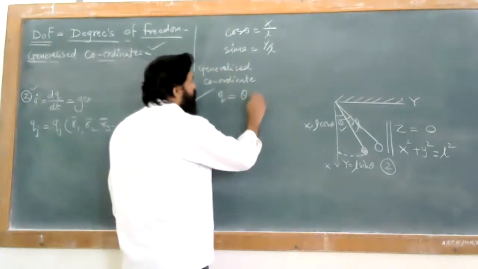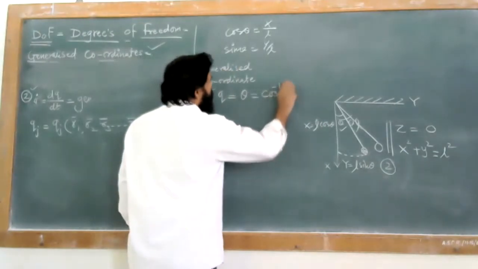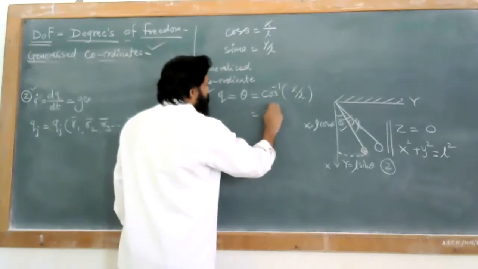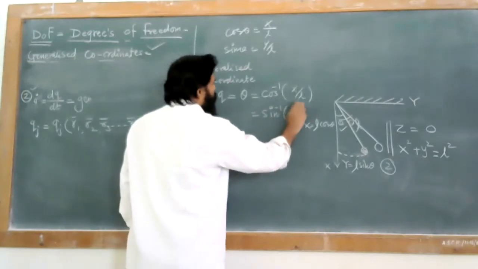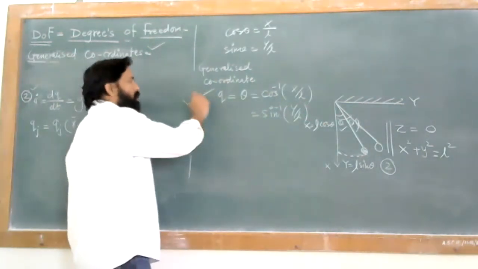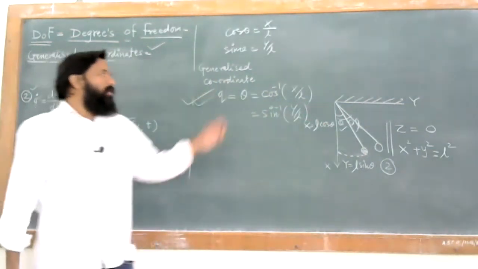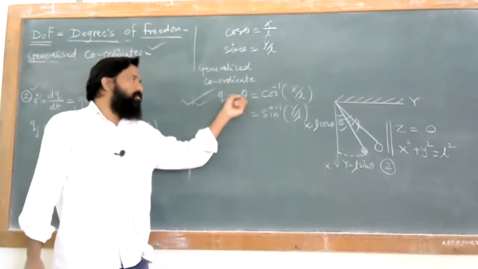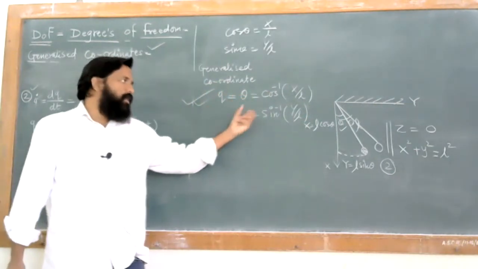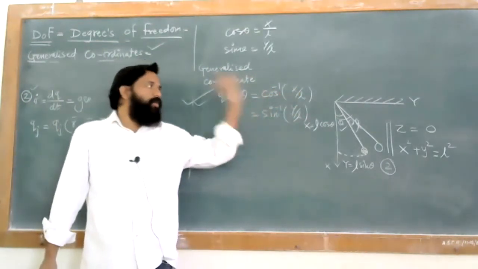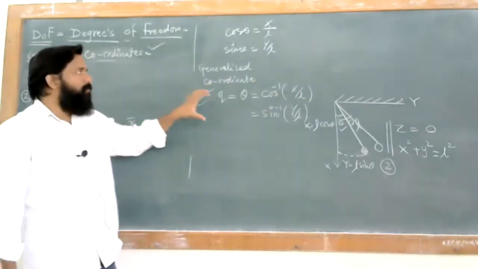The value of theta is either cos inverse x upon L, or sin inverse y upon L. So this is nothing but the generalized coordinate, and that generalized coordinate for the simple pendulum is theta, which is varying, and its value is either cos inverse x upon L or sin inverse y upon L. So you can have a first example.